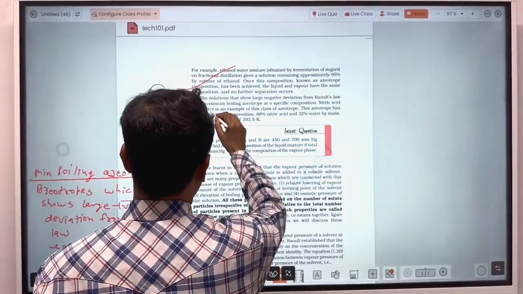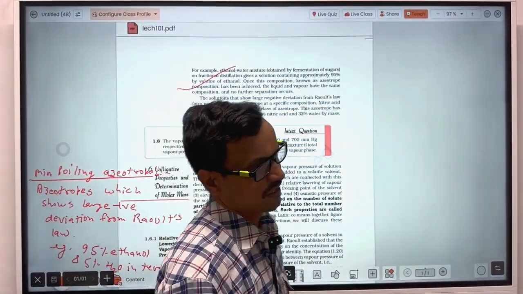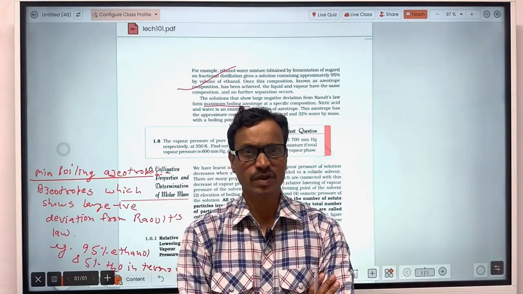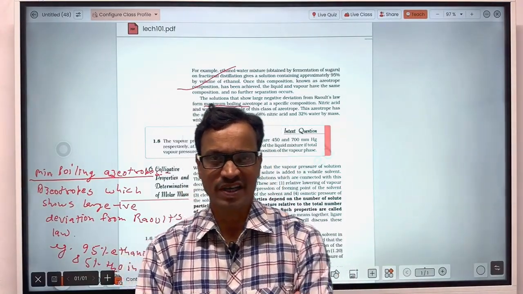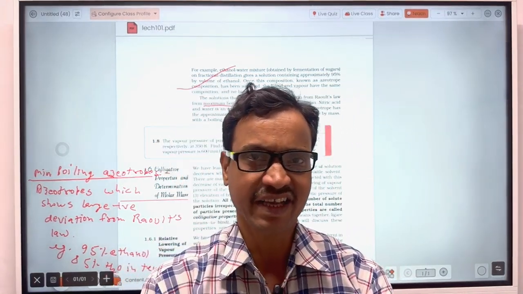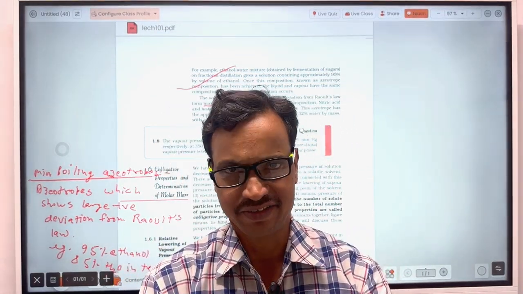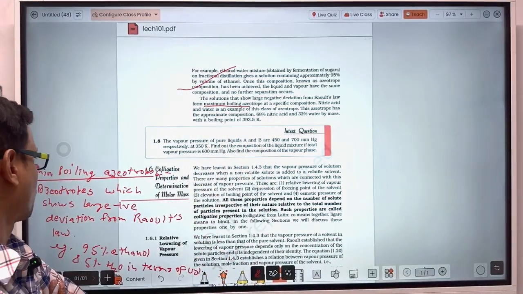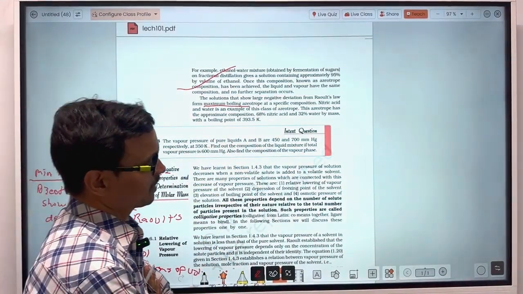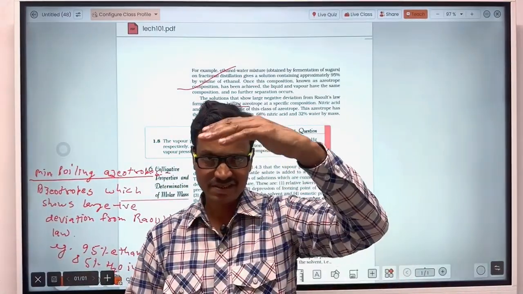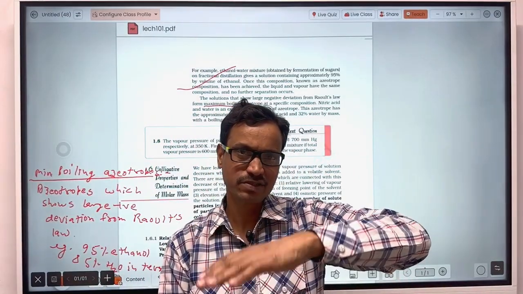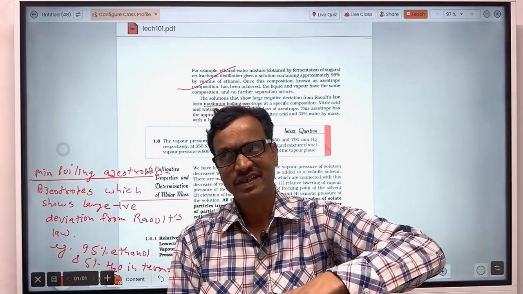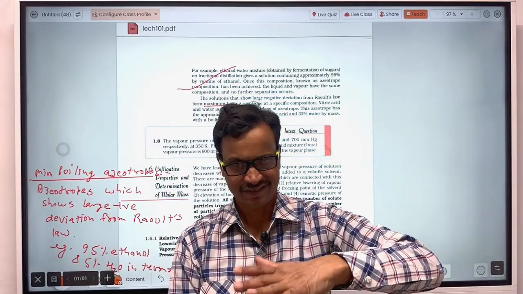Same, maximum boiling azeotropes: that means the boiling point will be greater than both the liquid components. That will be called maximum boiling azeotropes. So here the vapor pressure of the resulting solution is lower than expected from Raoult's law.